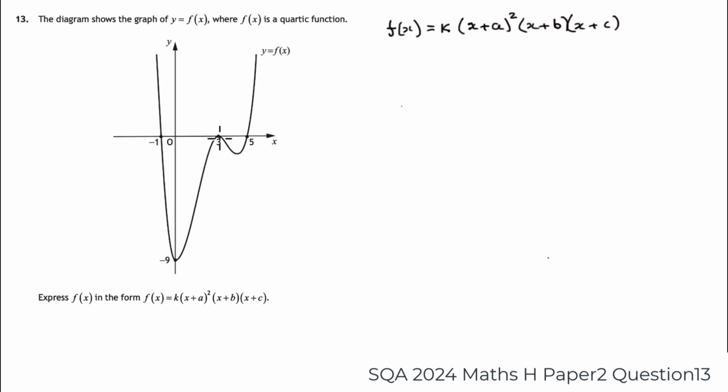It comes up and touches, then goes back down. That would imply what we call a repeated root, and the root 3 would therefore be associated with this factor that's squared. The root -1 will associate with this factor, and the root 5 will associate with this factor.